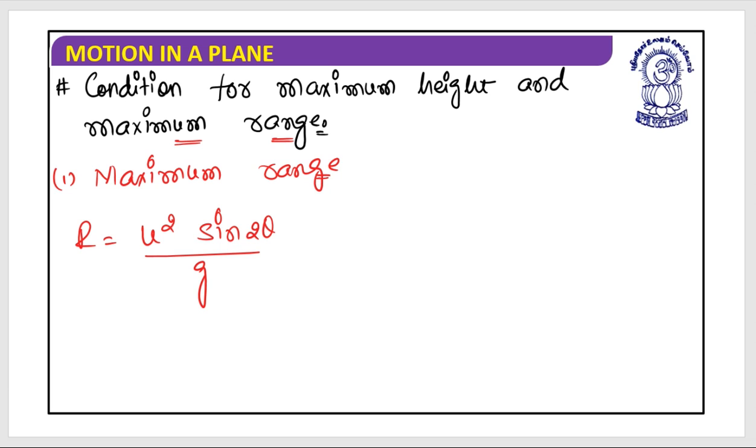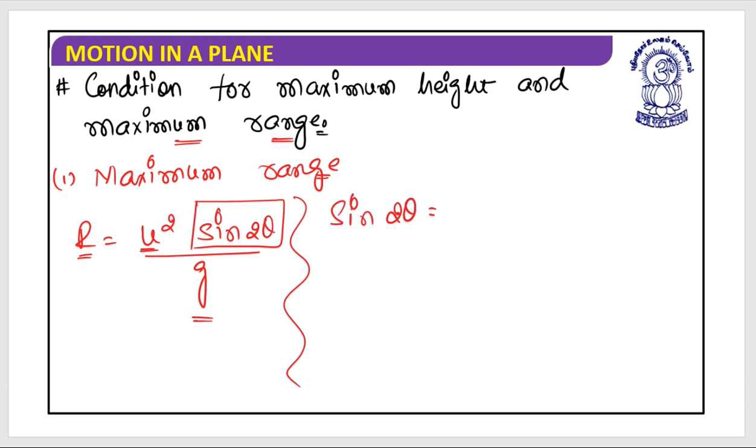Now if you observe this very carefully, there are certain limitations in changing u, and g cannot be simply changed, so the range could be maximum if sine 2 theta is maximum. What is the maximum value of sine of any angle? It's 1.